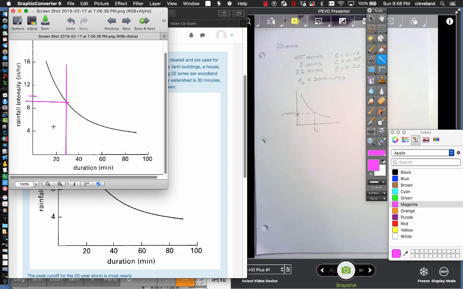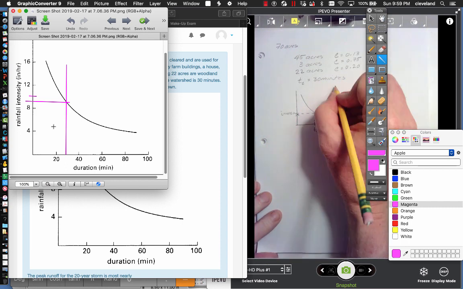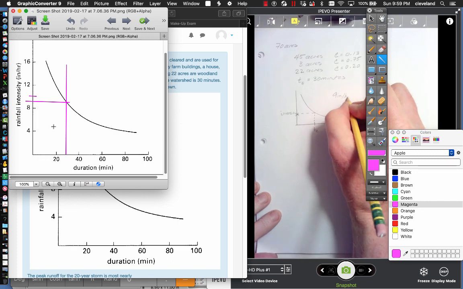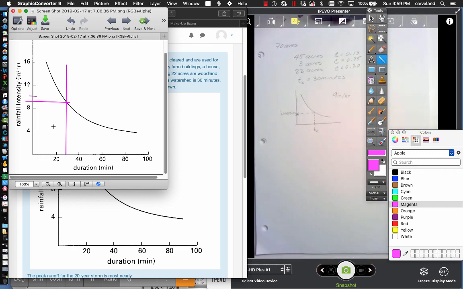So 10 is right there. It looks like 9 is my best guess, so I'm going to say that based on the chart, we have 9 inches per hour as my approximate intensity from that chart.